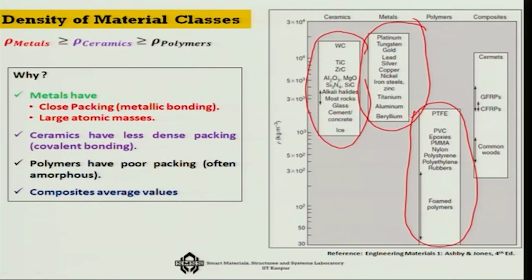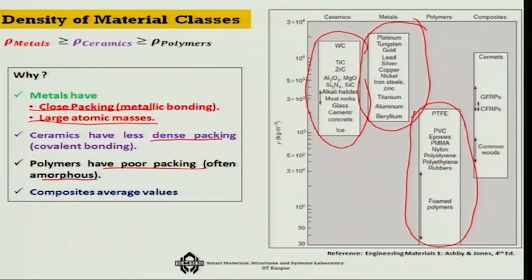That is why we say that metals have higher density, because they have close packing, and also individual atomic masses are generally more. Ceramics have less dense packing in comparison to metals, and polymers have the poorest packing. That is why they are amorphous, and hence their density is much lower.